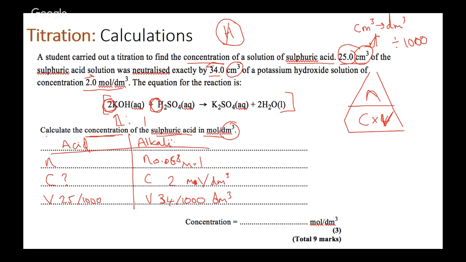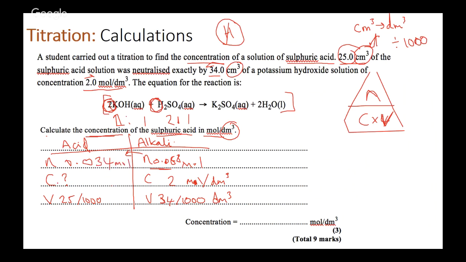So we've got a ratio of 2 moles of alkali to 1 mole of acid. So we can use this ratio to help us calculate the number of moles of acid, because we need half the number of moles that are here. Because we've got double the number of alkali, we need half the number of moles. So we need to halve the 0.068 to give us 0.034.